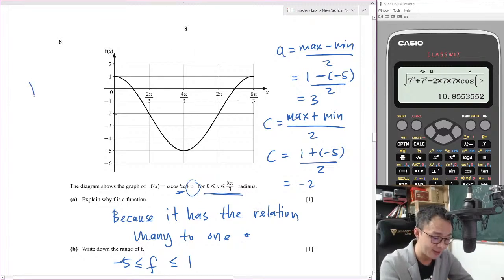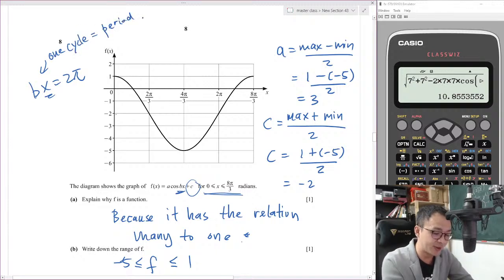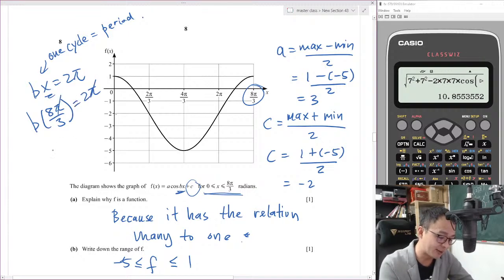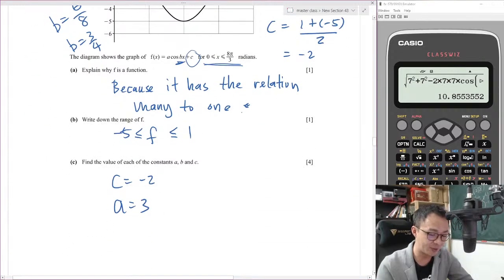In this case, bx is always equal to 2 pi because this is a cos graph, and x will be your one cycle, or in mathematical terms, the period. Your period, one cycle, is 8 pi over 3. So b times 8 pi over 3 equals 2 pi. Pi and pi I will cut, so b equals 6 over 8, which is 3 over 4. So b equals 3 over 4.